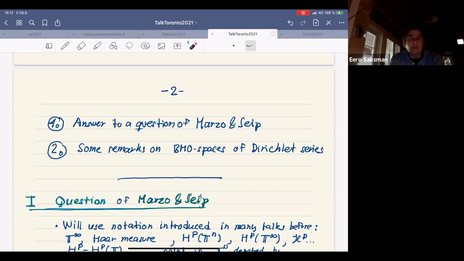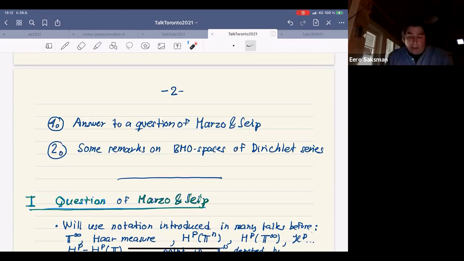Then if there's time, I can make some remarks on what we also proved on BMO spaces with Dirichlet series. But in some sense, our work on the BMO spaces was not so successful. We got some results, and hopefully some of them are non-trivial, but we are missing definite results in a certain sense, if one wants to be critical of what we did.